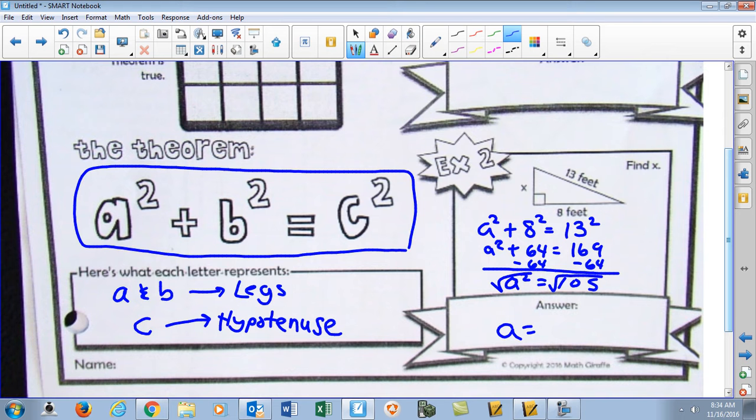If I plug the square root of 105 into my calculator, I get 10.246. So the 4 doesn't make us round up, so 10.2. And what's our unit of measurement here? Feet. And again, it's not feet squared because we're not talking about an area, we're talking about an edge length. Okay?